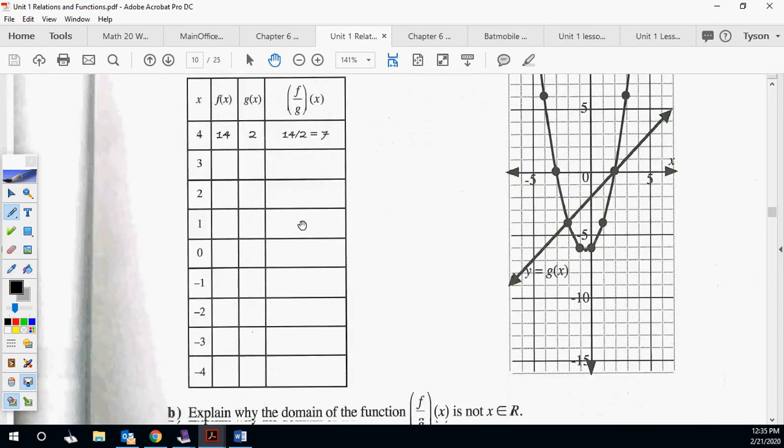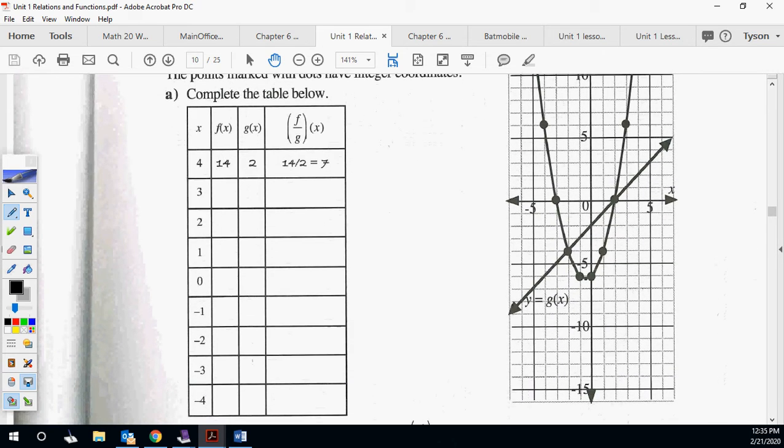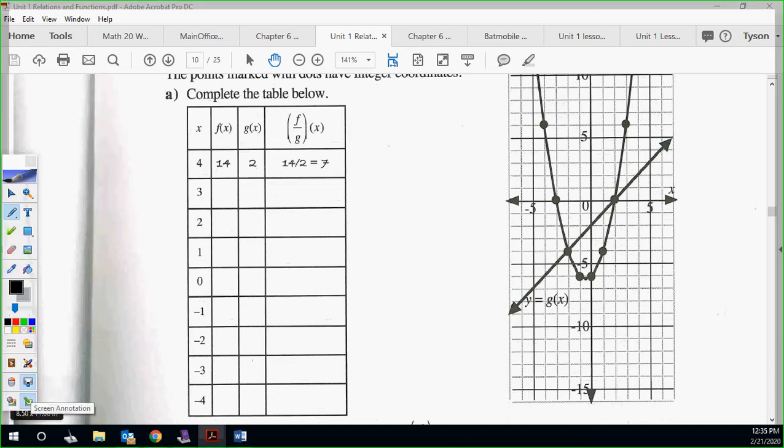Okay, so let's get this table put here. We're still doing the same thing. So f of x, 14 and 2. They didn't give us the values this time, did they? So they want us to go find it. So f of x in this case is, and then g of x is a line.